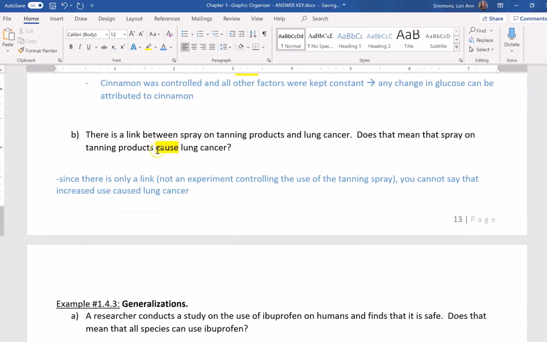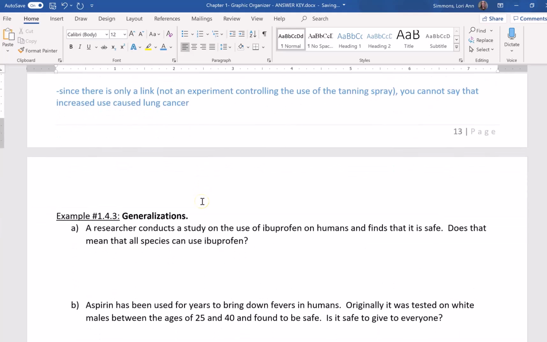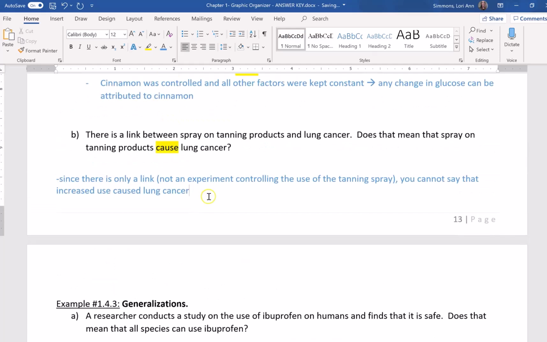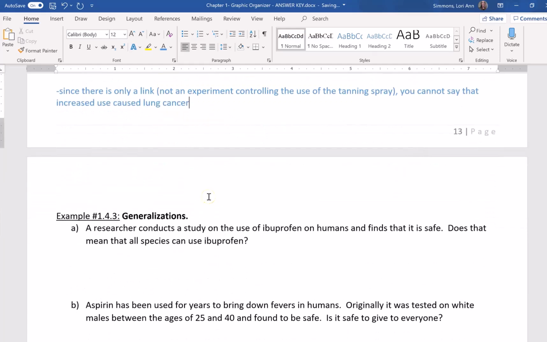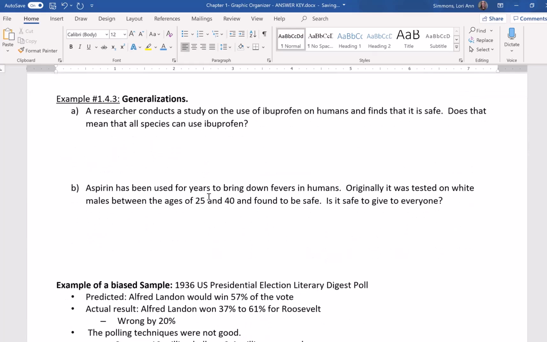So instead of saying tanning products cause lung cancer, you could say tanning products are linked to lung cancer or associated with lung cancer, but you cannot say are caused. Again, because it is an observational study, not an experiment. Nothing is being controlled.